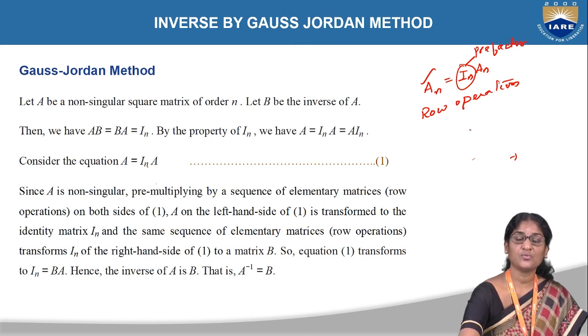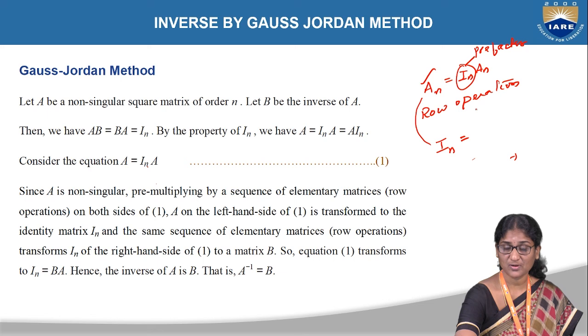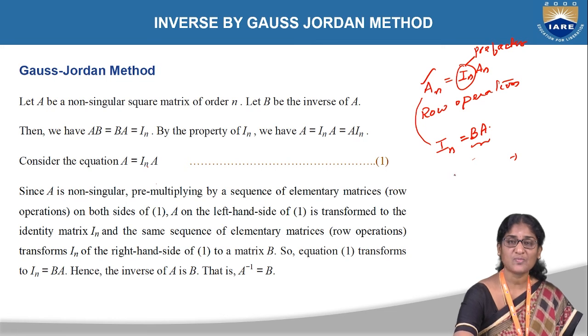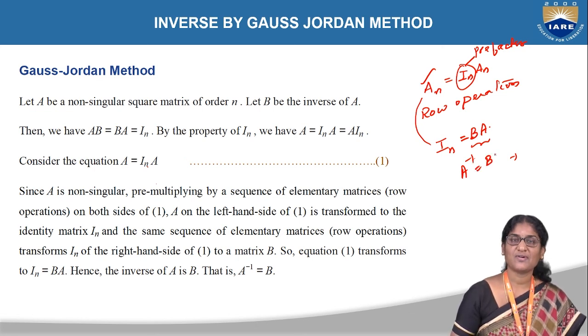When you do these operations, until you get the identity matrix on the left hand side, the identity matrix which is the prefactor on the right hand side is converted to some other matrix B. You all know that when the product of two matrices is identity, then one is the inverse of the other, a very easy method. So therefore A inverse is equal to B. This is how we can find the inverse of the matrix.